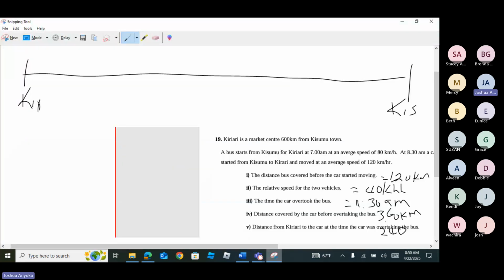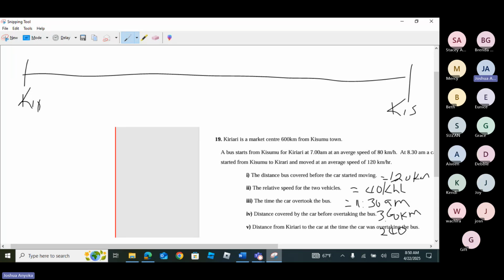Let us work together and see whether we can arrive at the answers that you are having. Kiriari is a market 600 kilometers from Kisumu. A bus starts from Kisumu for Kiriari at an average speed of 80 kilometers per hour.